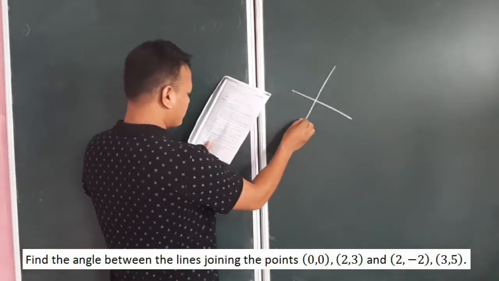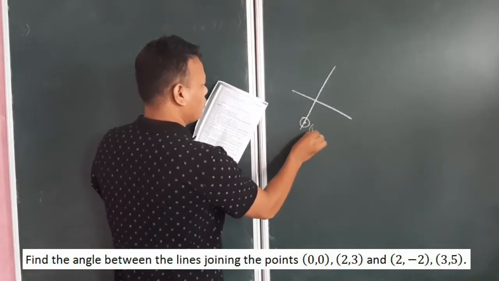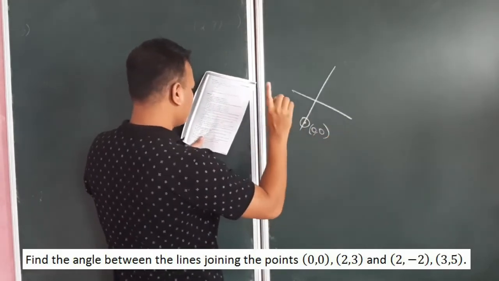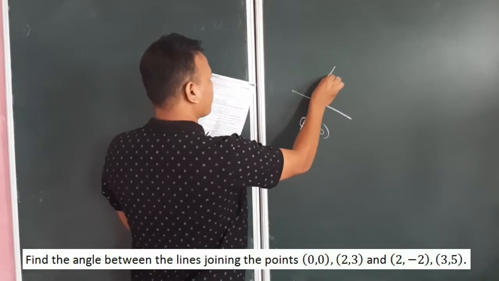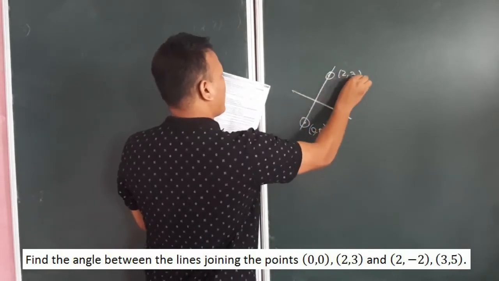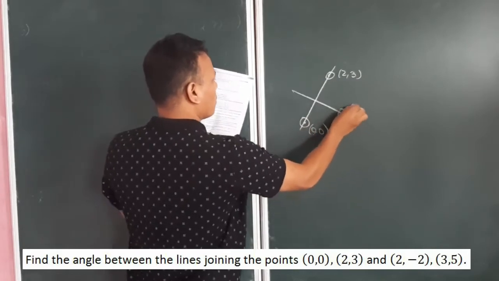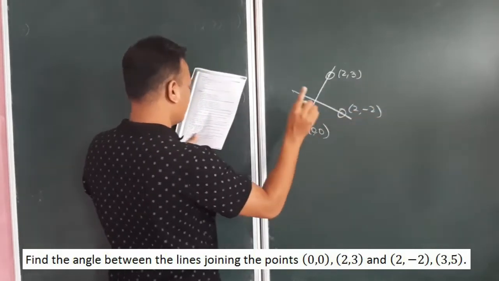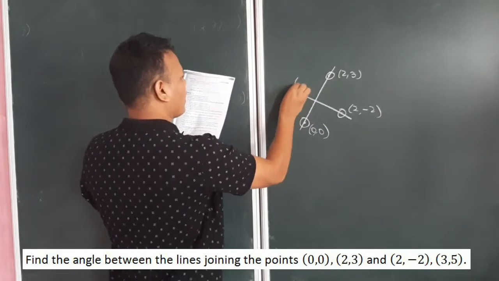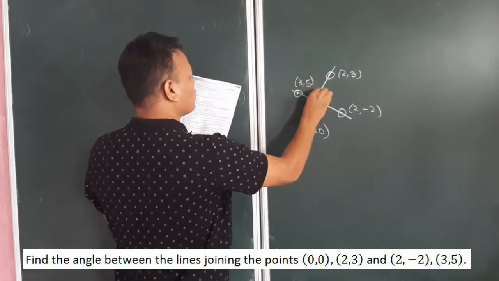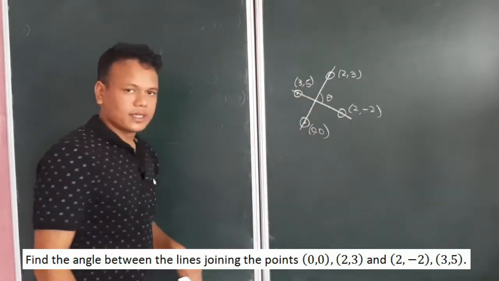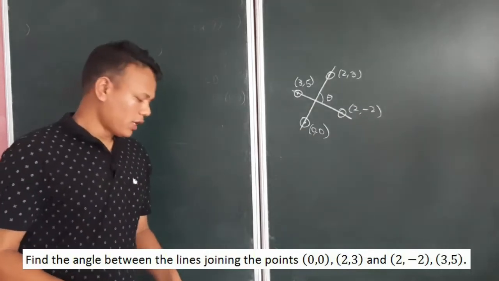One line passes through (0, 0) and (2, 3), and the other line passes through (2, -2) and (3, 5).